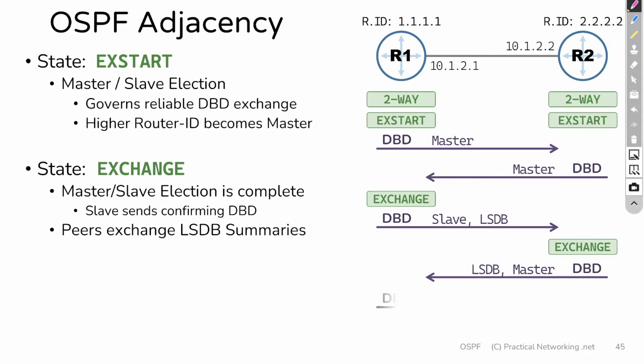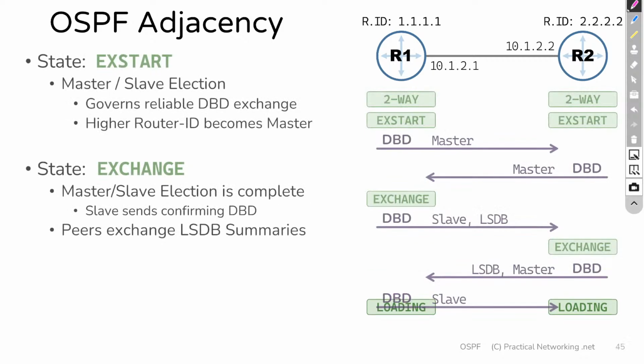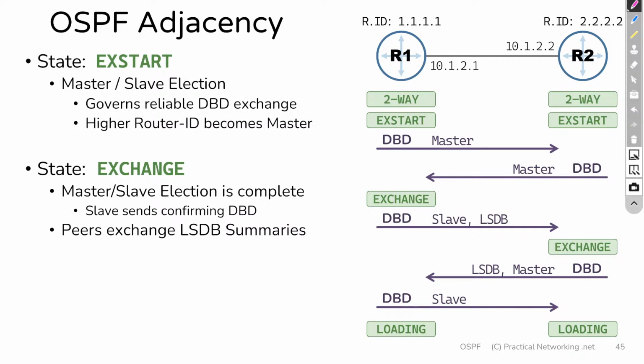And from there, the slave confirms, and then they're going to look at each other's link state databases to figure out what entries they need from each other. Now, remember I told you that the way this reliable DBD exchange happens is the master says something, slave responds. Master says something, slave responds.